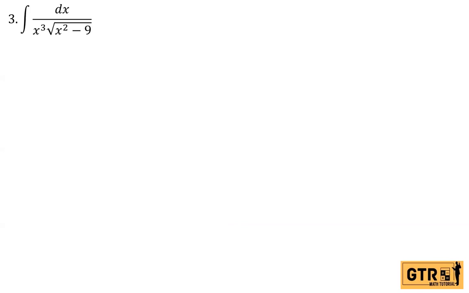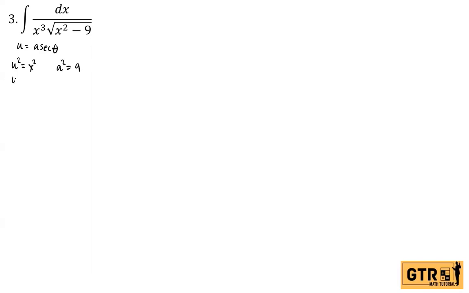So we have the integral of dx over x cubed times square root of x squared minus 9. Therefore, we will use u equals a secant theta because it is in the form u squared minus a squared. Our u squared here is x squared, and our a squared is 9.